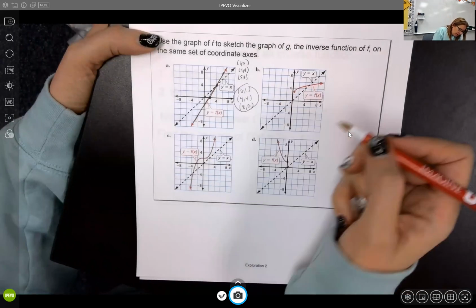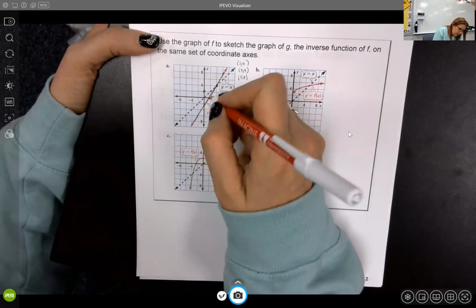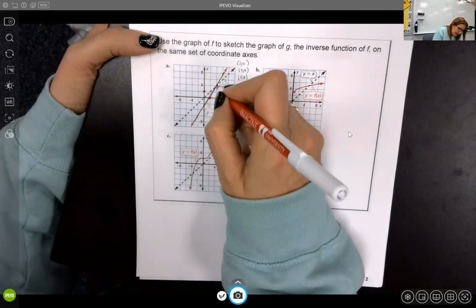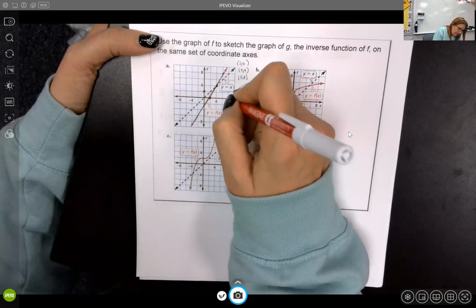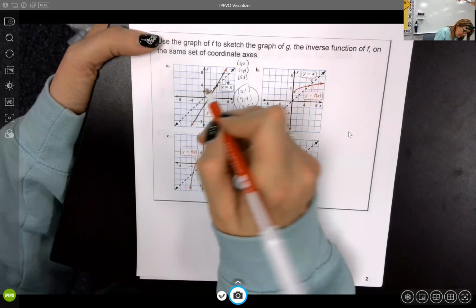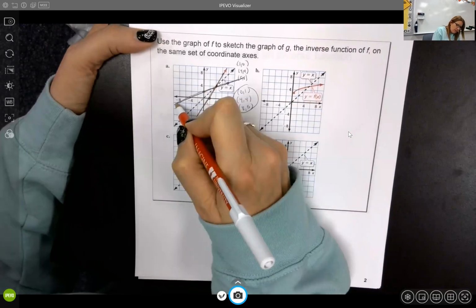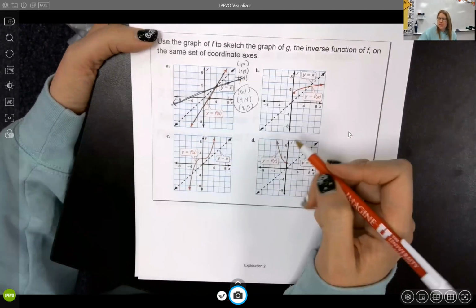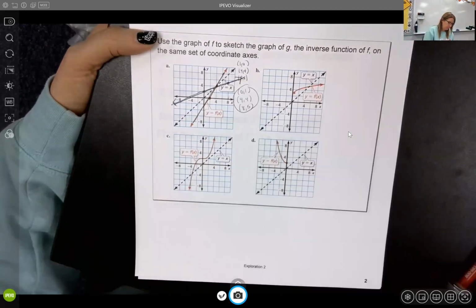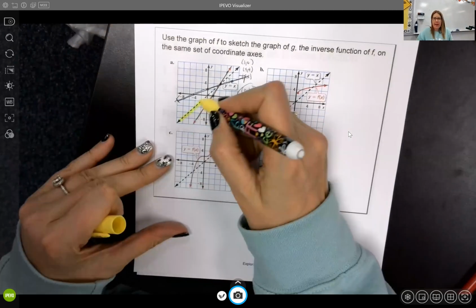So I'm going to go to 0, 1, I'm going to put a dot. And then 4, 4, I'm going to put a dot. And then 8 and 5. So that's about right here. I'm going to put a dot, and then I'm going to connect those together. Okay. Now I'll notice that this line right here is the line y equals x.